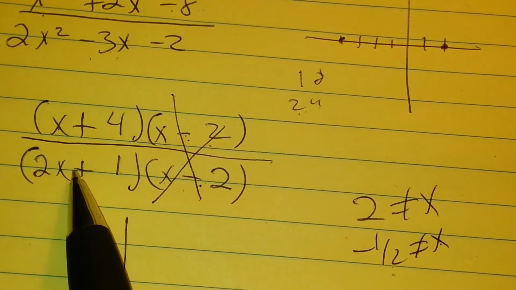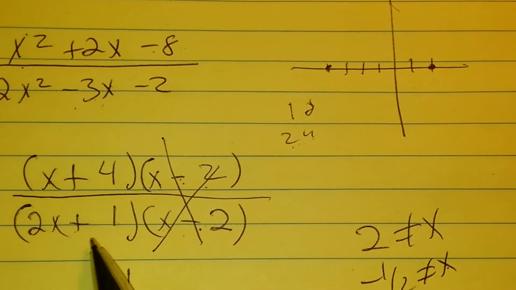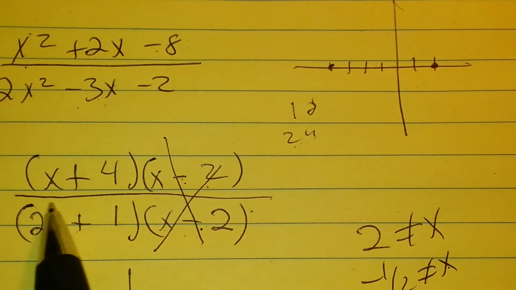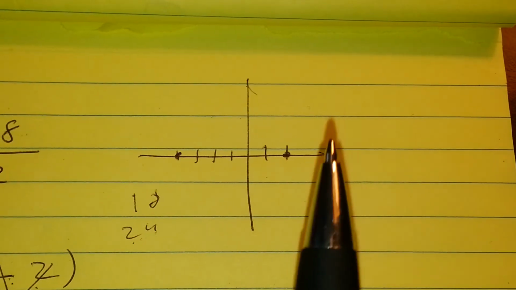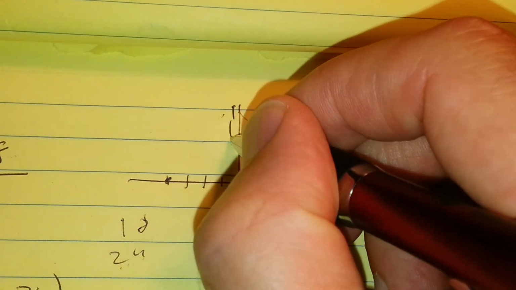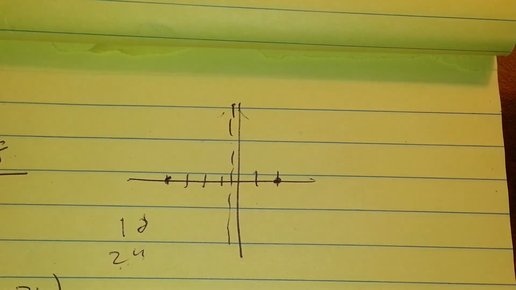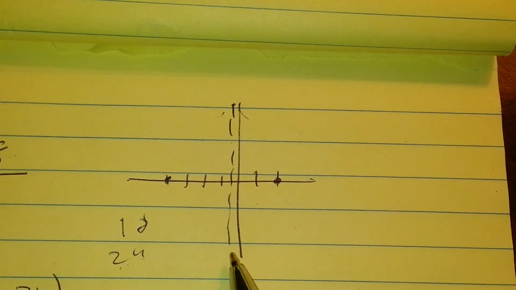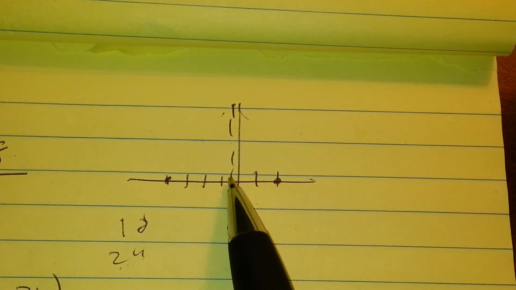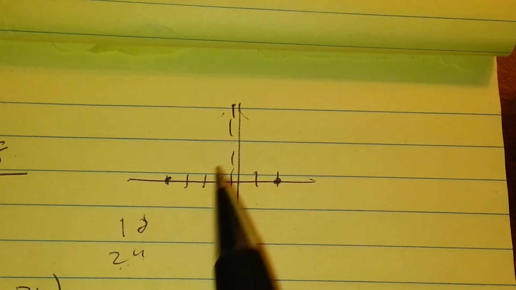Remember, we want to block off like a roadblock. Our vertical asymptotes come strictly from the denominator. I'll put one here at negative 1/2. Your calculator doesn't put these dashed lines. We just graph it that way. It's like a roadblock. It says, hey, we will not allow you to put in negative 1/2 as an input because it gives us a bad output. So you can't even put anything in here.